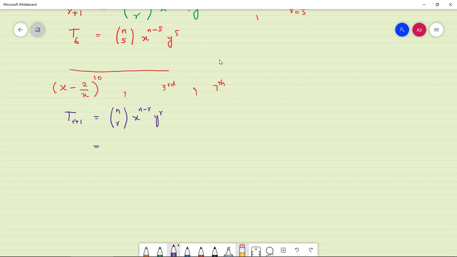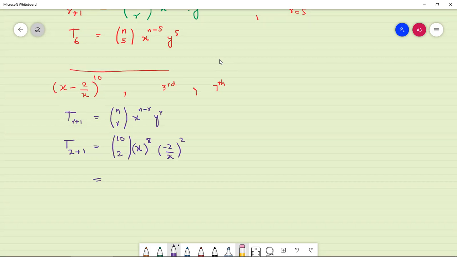If I want to calculate the third, it means r should be 2. So 2 plus 1. Similarly, n is 10, we have 10C2. Look at this 10. R is equal to 2. So x, this x represents the first term, so x is single x. 10 minus 2 would become 8, while y is the second term, which is minus 2 by x, and r is 2, so we write 2 here.